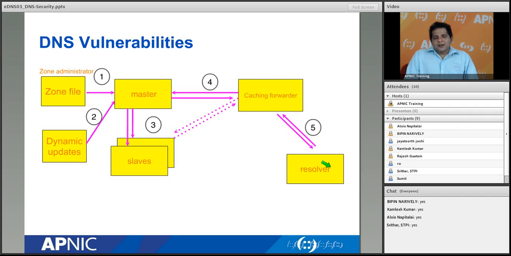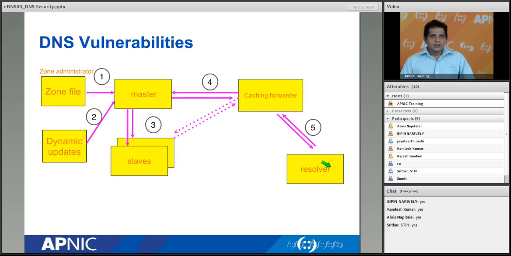Next question is now, out of all these flows, which ones are not really secure enough? Do you think zone transfers between primary and secondary, or master and slave, are not safe? Yeah, that could be possible.